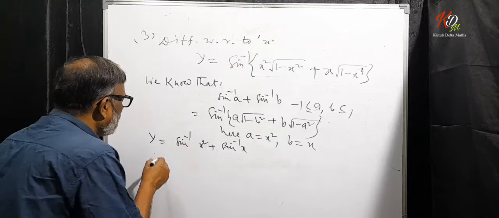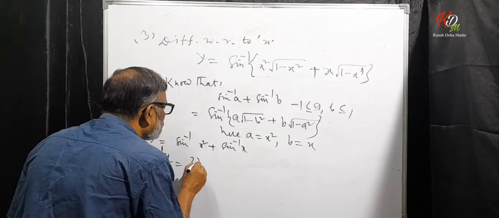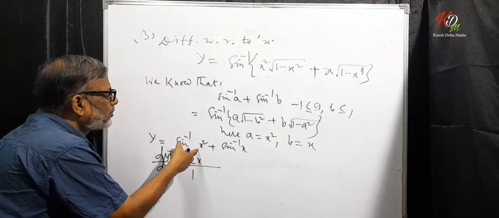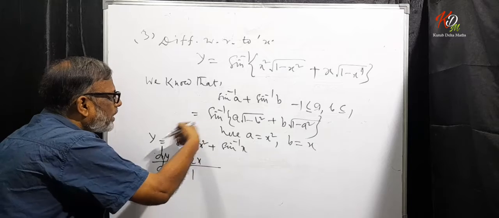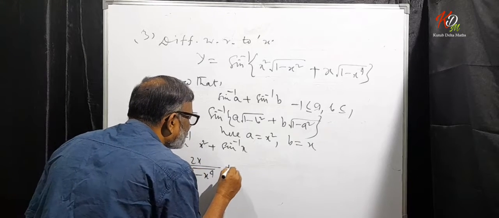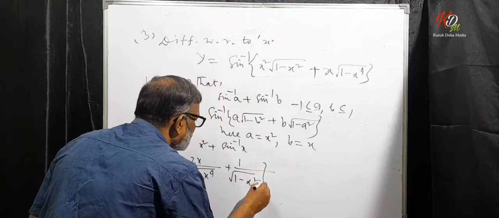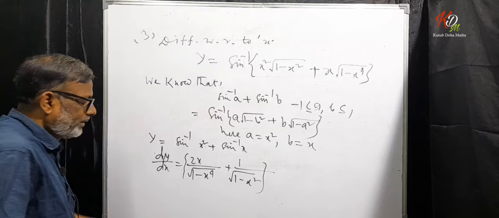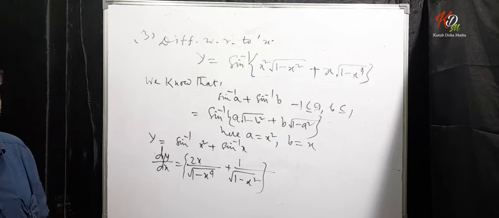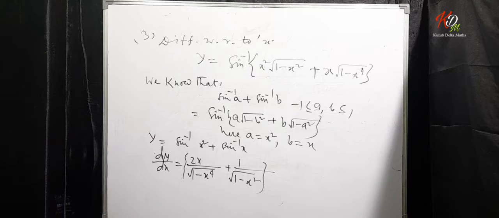So through this formula we have dy/dx equal to 2x by root under 1 minus x4 plus 1 by root under 1 minus x square. This is the differentiation of the expression with respect to x. Now question number 4.